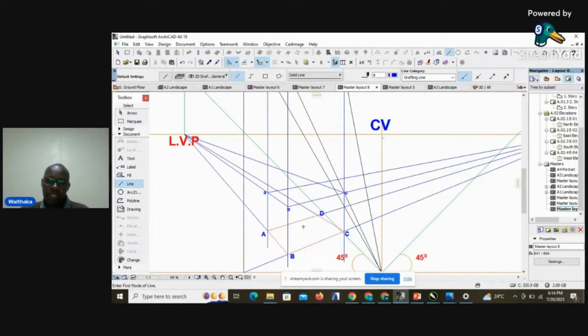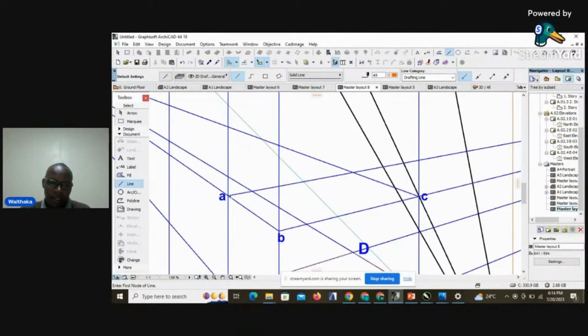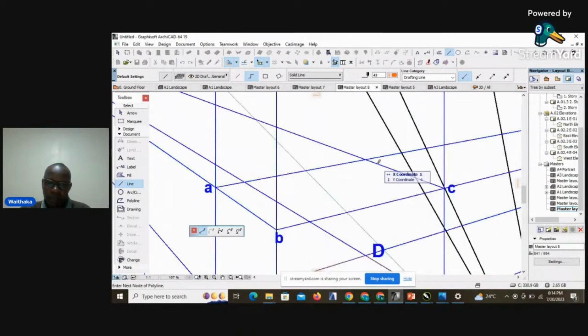And maybe I can just highlight it again in red, so that it's a little bit visible. Just get the points clearly.